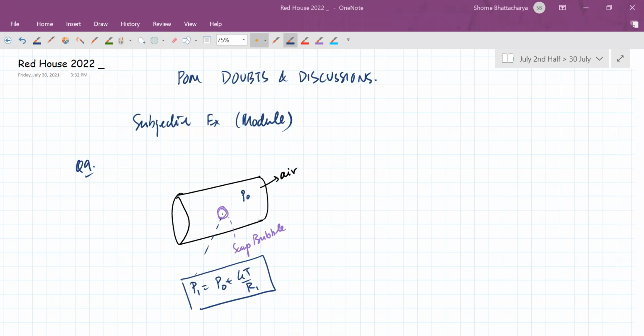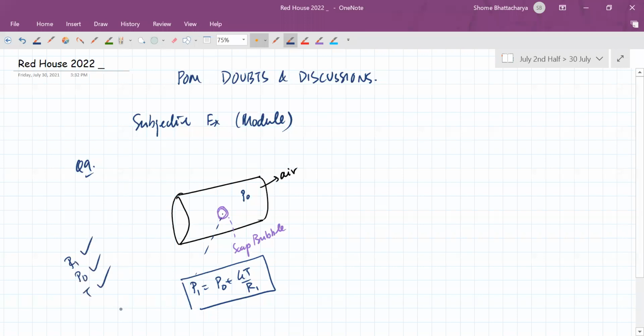Now what we are doing is we are going to pressurize the air isothermally. The question says that the air in the cylinder is now compressed isothermally until the radius of the bubble is halved. Calculate the pressure in the cylinder given that the surface tension of the soap film is so much and the initial radius is given. Atmospheric pressure is given to us.